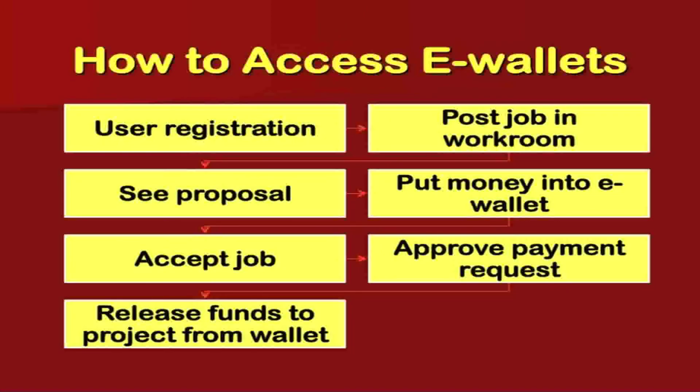How to access e-wallets? You have user registration, see a proposal, accept the proposal, release the funds, then post the registration number, put money into the e-wallet and approve the payment request. So, basically when you use an e-wallet, you have to register yourself with the company which will issue you the card.